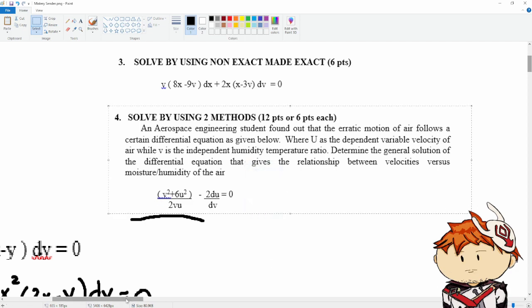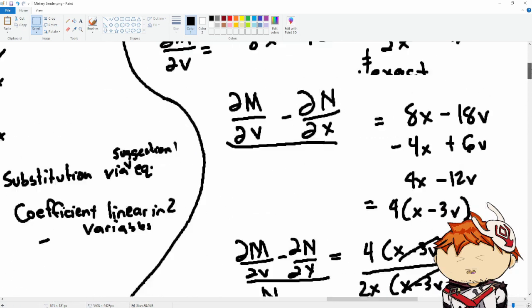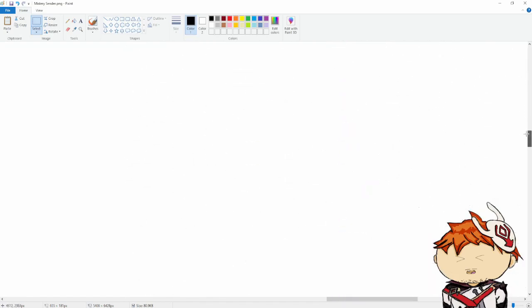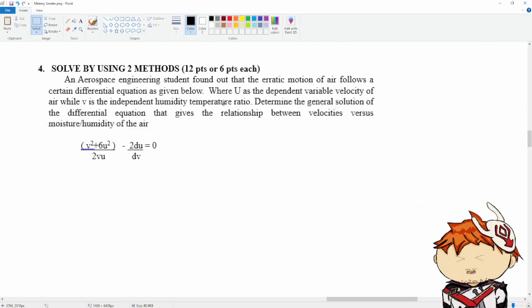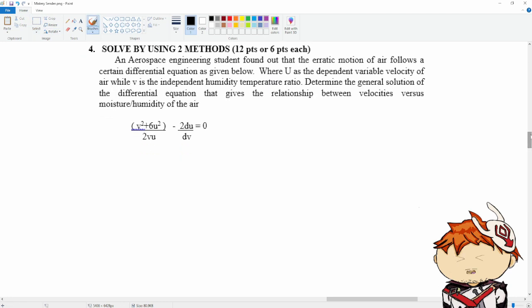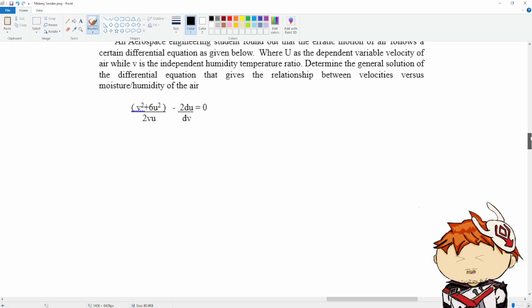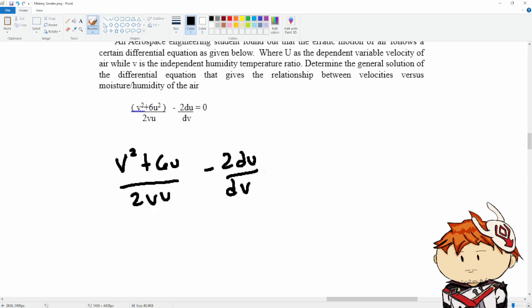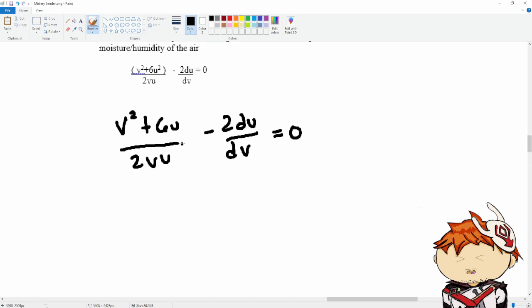Can we use inspection here? Can we brute force the equation here? I don't think we can use inspection here. There are 3 variables here. Look at this: v squared plus 6u over 2vu minus 2 du over dv is equal to... Let's divide that by -2.